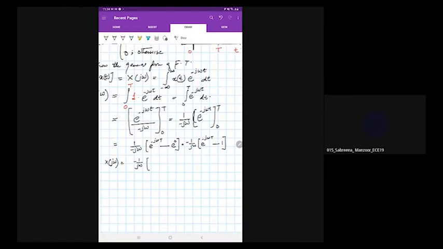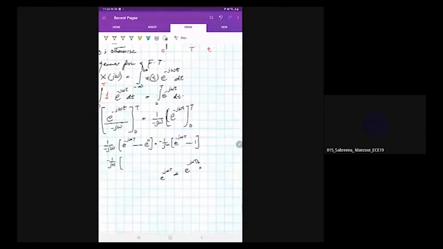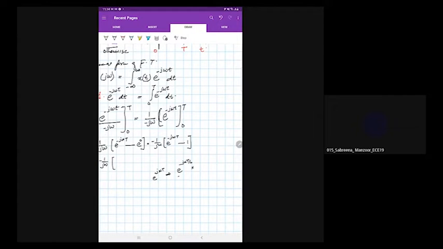Now see, e raised to power minus j omega t could be written as e raised to power minus j omega t divided by 2, into, or divide, e raised to power j omega t by 2. I am splitting the j omega t term into 2.